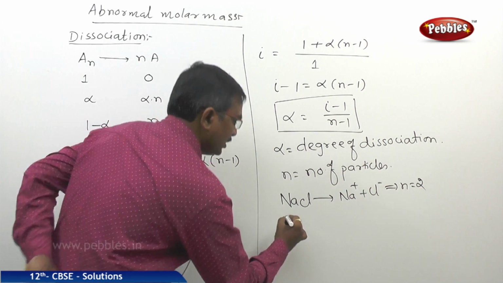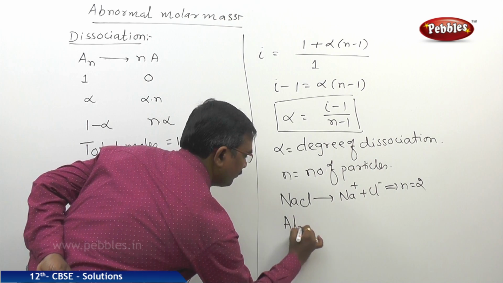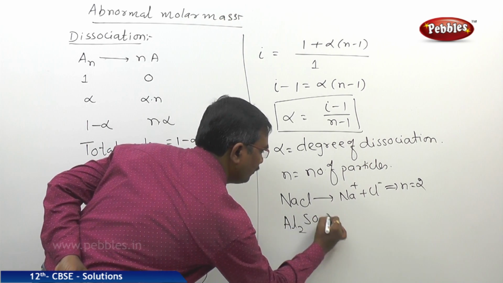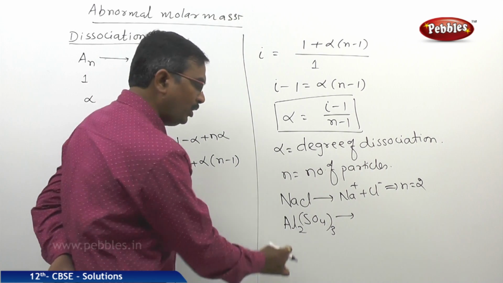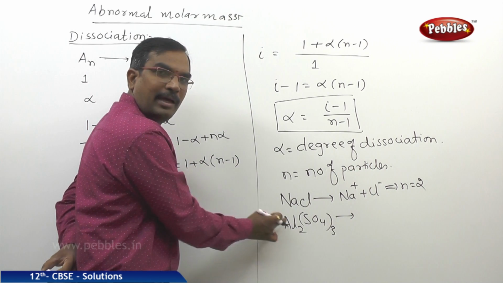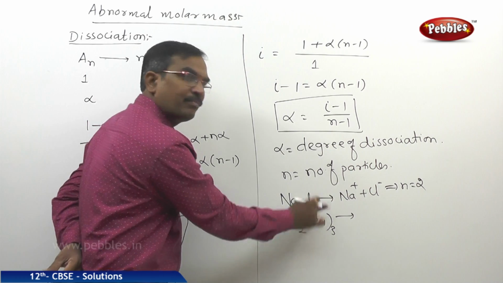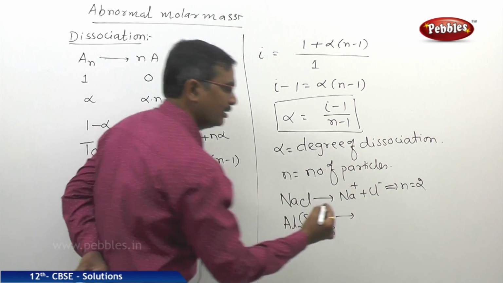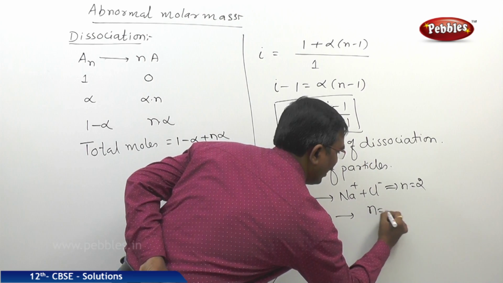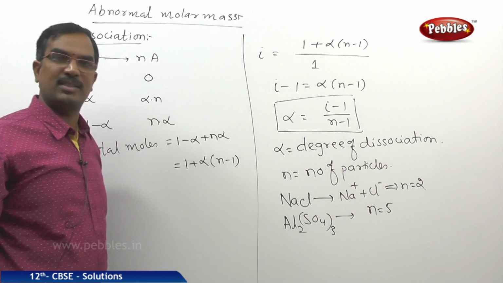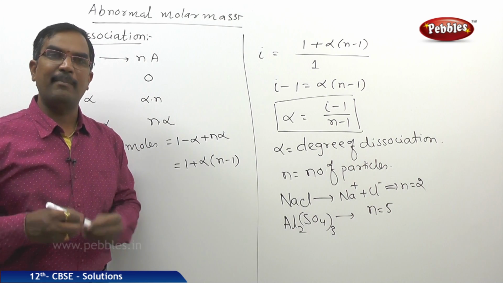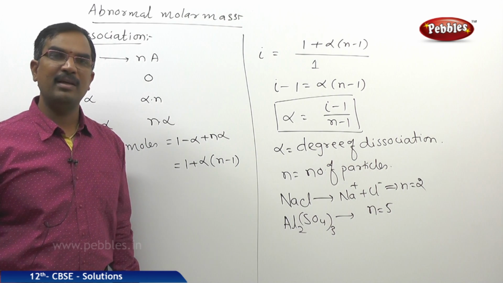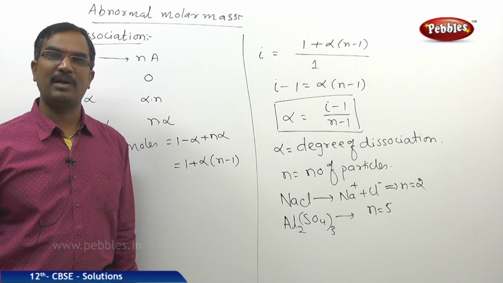Or if I take aluminum sulfate, Al2(SO4)3, this is able to give 2 Al3 plus ions and 3 sulfate ions, totally 5. Therefore, the value of n is equal to 5 in this case. So simply, n is the number of particles formed by the dissociation of a single particle.